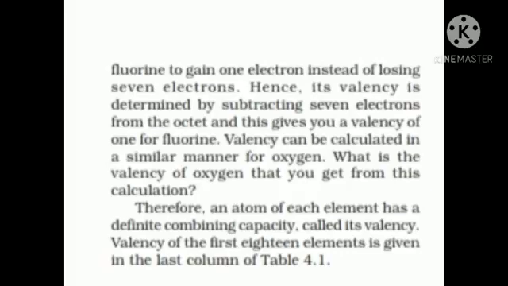Hence, its valency is determined by subtracting 7 electrons from the octet, and this gives the valency of fluorine as 1. Valency can be calculated in a similar manner for oxygen. Oxygen atomic number 8, so distribution of electrons 2, 6. It is easier for oxygen to gain 2 electrons instead of losing 6 electrons. So the valency of oxygen is 2.